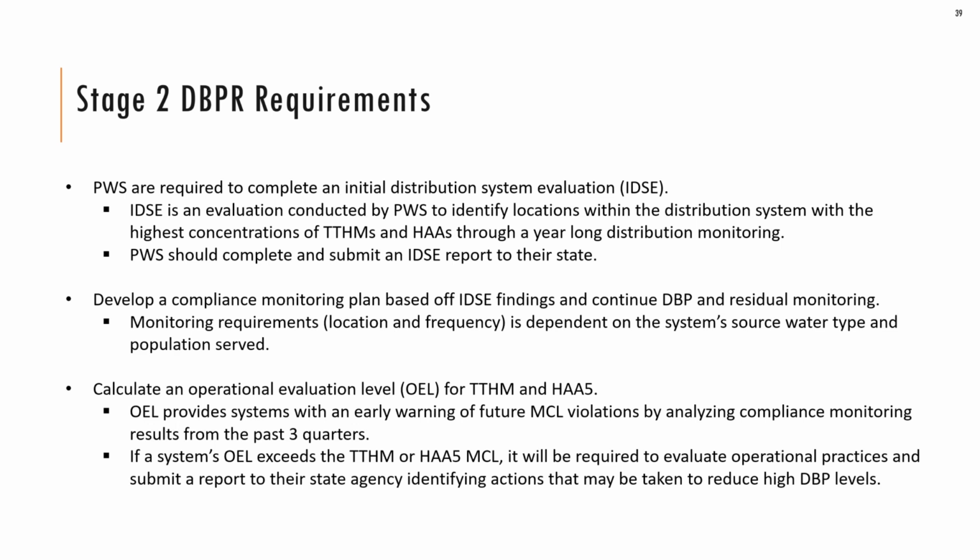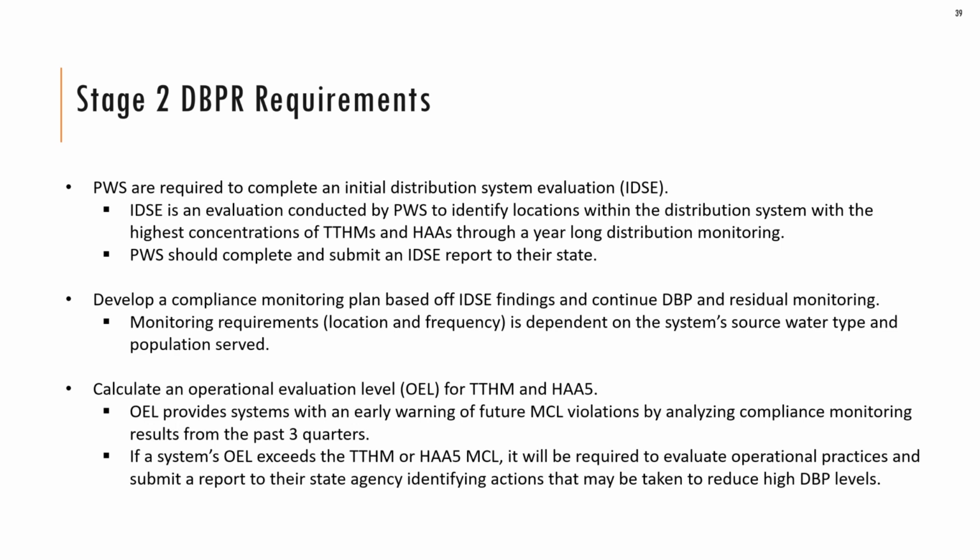This method predicts the next quarter's results to be the same as the current quarter and prepares systems so that if there is an OEL exceedance now and next quarter's results end up being higher than the current quarter's, the system will be closer to an MCL violation and the evaluation that they did because of the exceedance would not have been in waste.